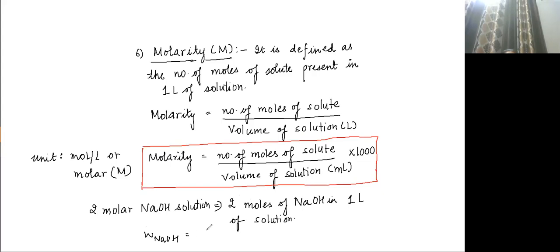It will be 2 into 40, that is 80 grams. If I ask what is weight of H2O or weight of solution, can you find? No. You can only have the idea regarding volume of solution and weight of NaOH, nothing else. Clear? Copy this. If this is done, let me know.